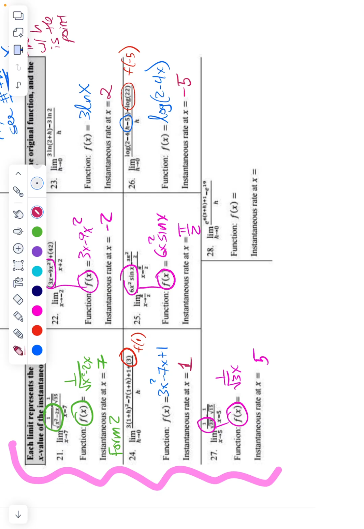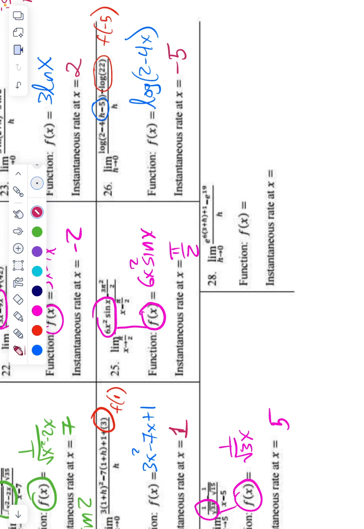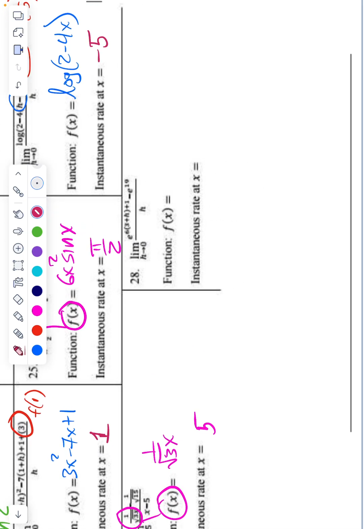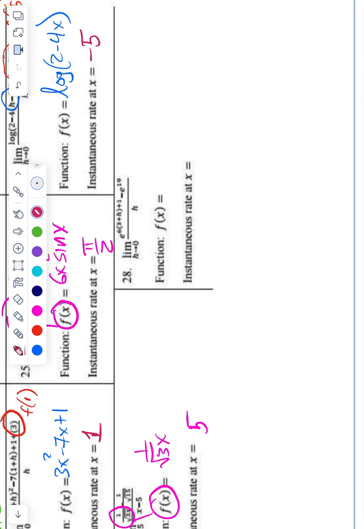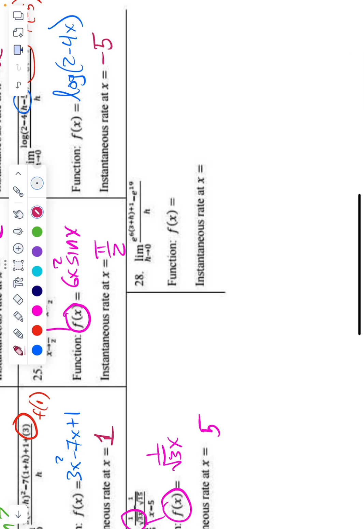Yeah, good. Okay, so again, we're evaluating this one at negative 5. How'd that one go? It was a little weird. Okay. Did anybody do 28? Yeah. Okay, so let's check that one. Again, we look for where the h is, what's with the h, and then we replace that with x. So what is our function in this case? E to the 6x plus 1.